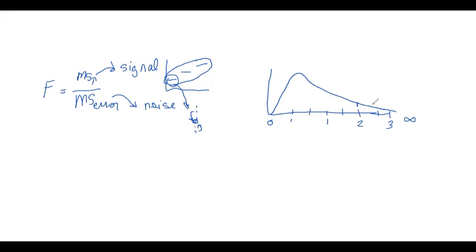So for any degrees of freedom, this shape will be slightly different. But what we're interested in is this area of the curve that represents 0.05. So that's the probability of getting the critical value or more extreme, given the null is true.